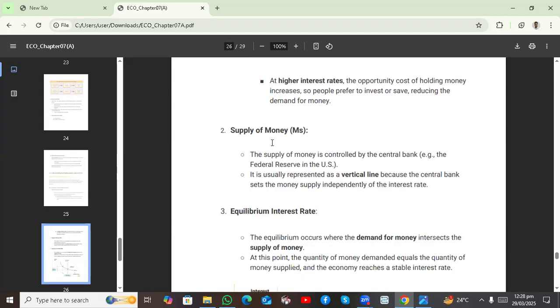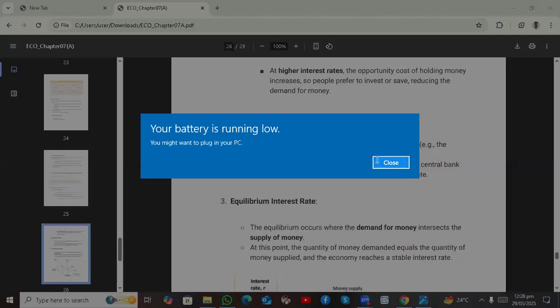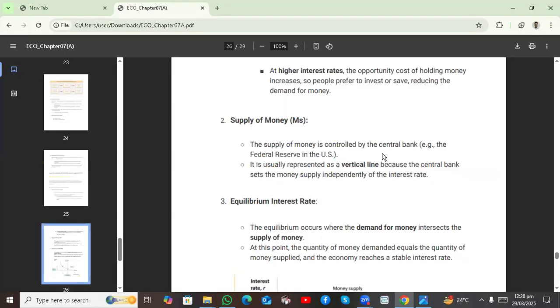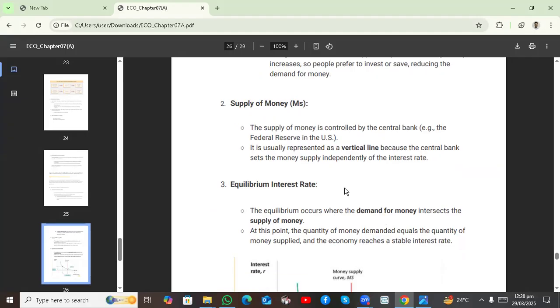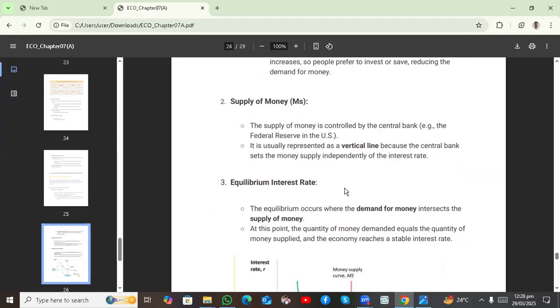Supply of money. The supply of money is controlled by the central bank, the Federal Reserve in the US. It is usually represented as a vertical line because the central bank sets the money supply independently of the interest rate.